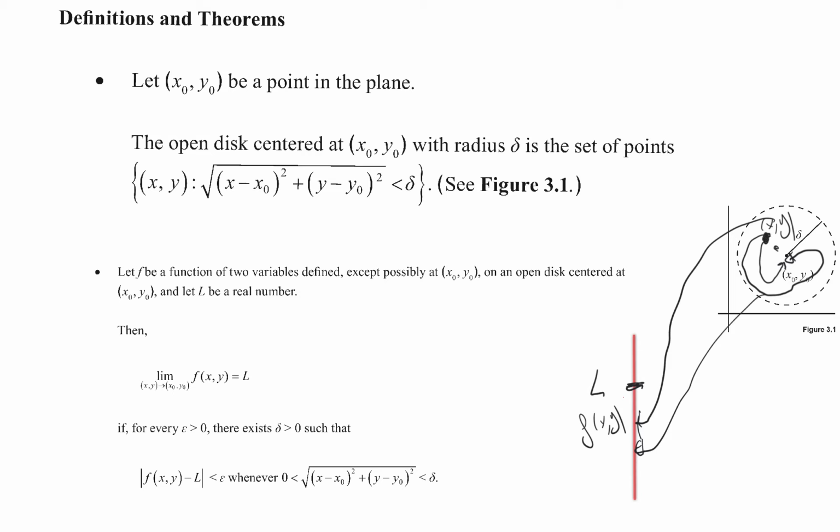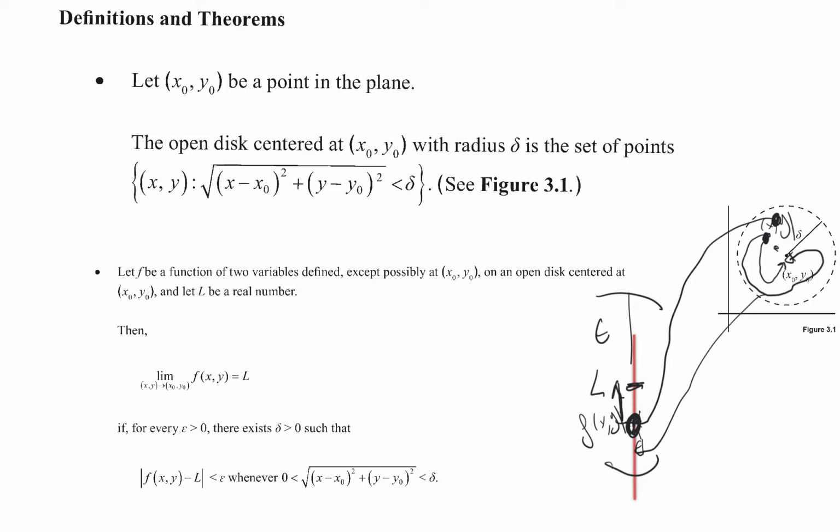This is the point xy, and this is f of xy. You mark a radius around L of radius epsilon. So the distance from f of xy to L is less than epsilon. It is inside the interval.